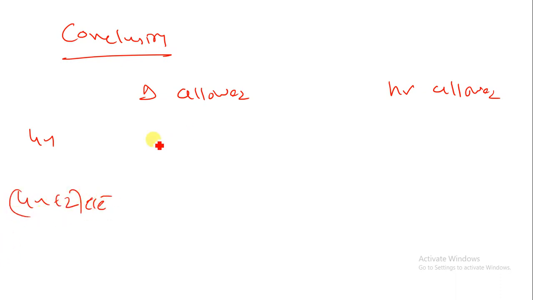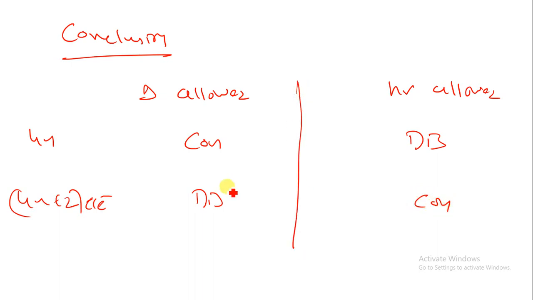For the 4n system, thermally allowed will be con and photochemically allowed will be dis. For 4n plus 2, thermally allowed will be dis and photochemically allowed will be con. So this will be the conclusion part of all these reactions.